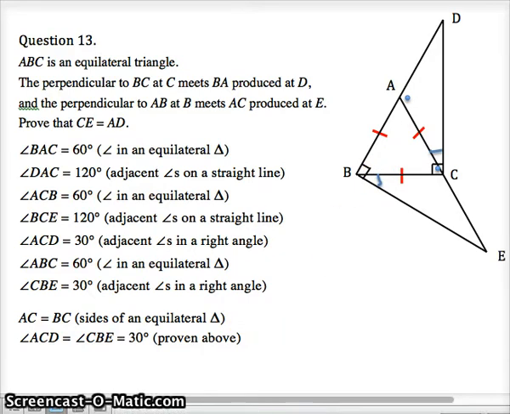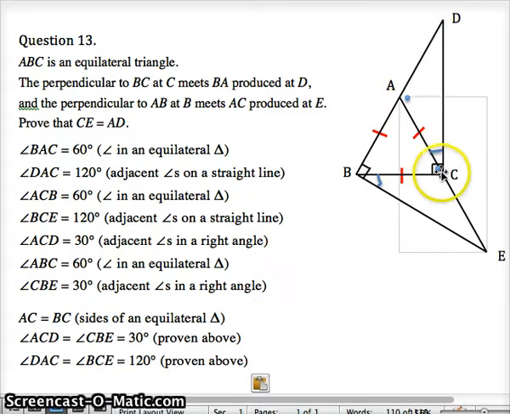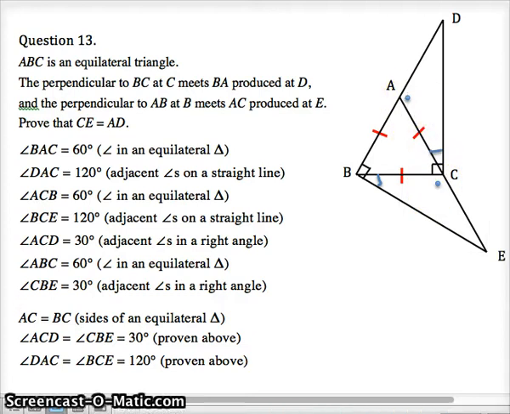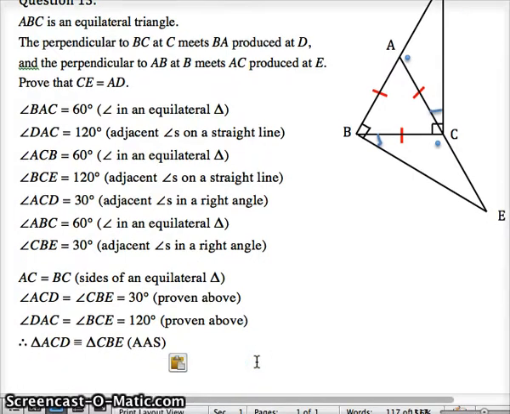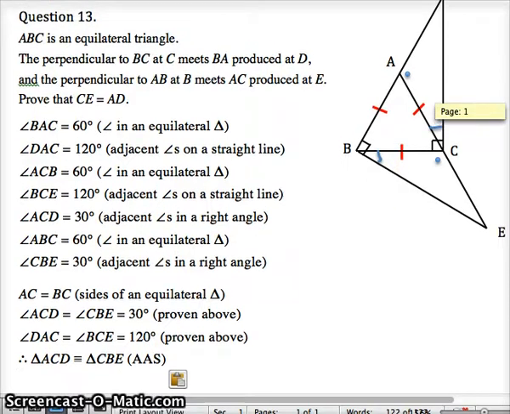And we can also state that angle DAC equals angle BCE, which is 120 degrees. So those angles with the dots are 120. That was also proven above. That's the three pieces of information that we need. And so the triangles are congruent by AAS.